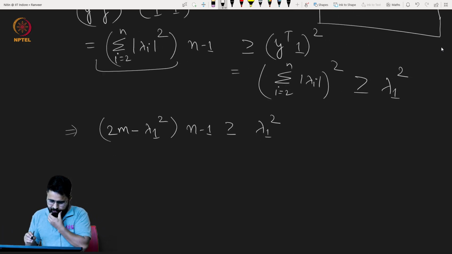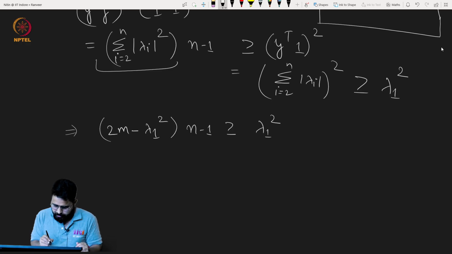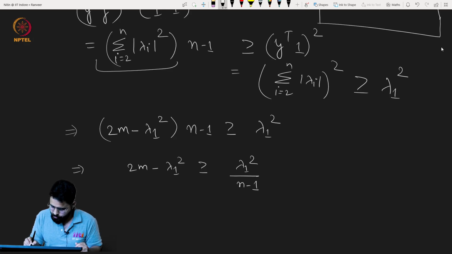Yeah, so let me write this. And what I have to write in terms of lambda 1. So yeah, so let me open it. Wait, so this will be equal to 2m minus lambda 1 square greater or equal to lambda 1 square divided by n minus 1, and then I can take n lambda 1 on that side.